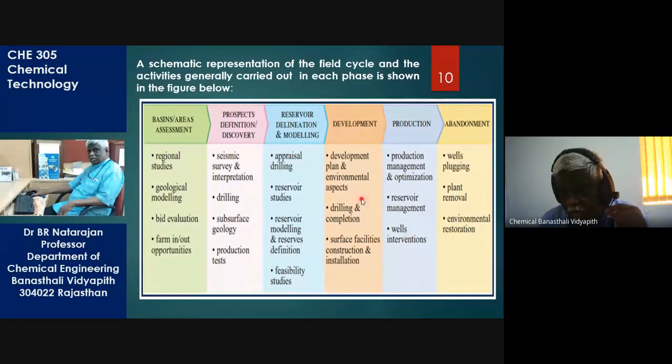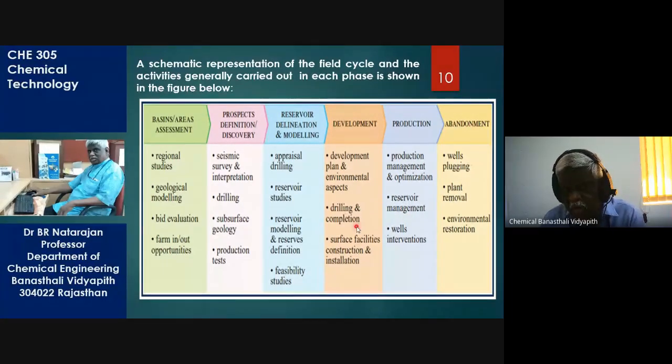Development, developing a plan and environmental aspects, drilling and completion, surface facilities, construction and installation. See, oil will be found in very remote areas where you have to build everything for a living, right? Production management and optimization, reservoir management, abandonment.